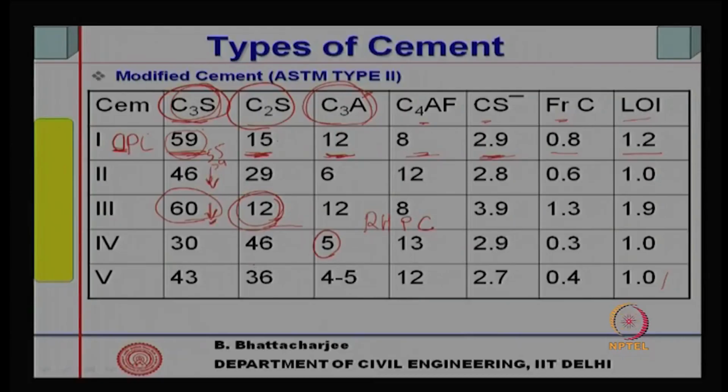long term strength would not be there as much, and C3A content is relatively high again, not very high, almost similar as OPC. C4AF content is almost similar, rest of the things are more or less similar. Now, therefore, this cement is rapid hardening cement, because chemical composition wise this has got the highest C3S.